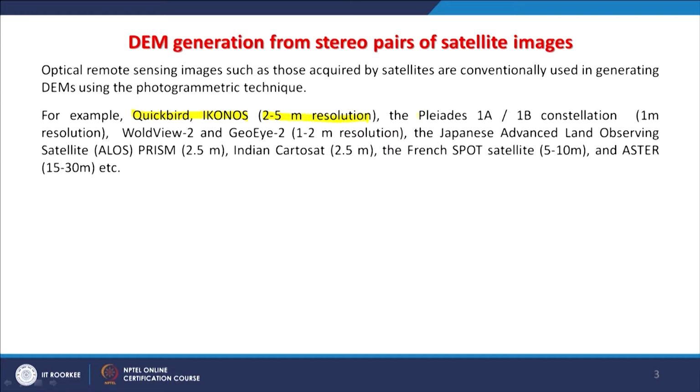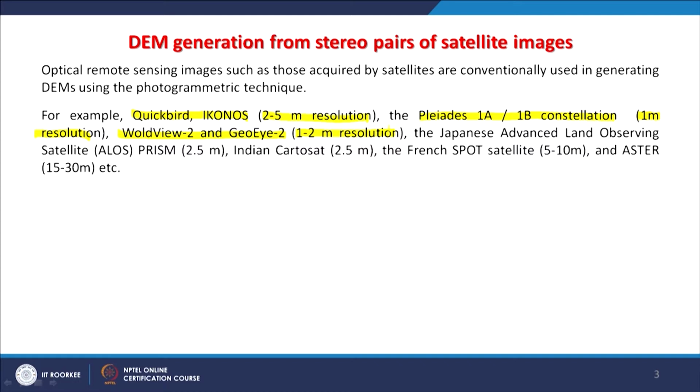Now, the Pleiades 1A and 1B constellation can allow us to generate 1 meter resolution, but it is currently very expensive data. WorldView 2 and GeoEye 2 also allow us to generate digital elevation models at 1 to 2 meters.